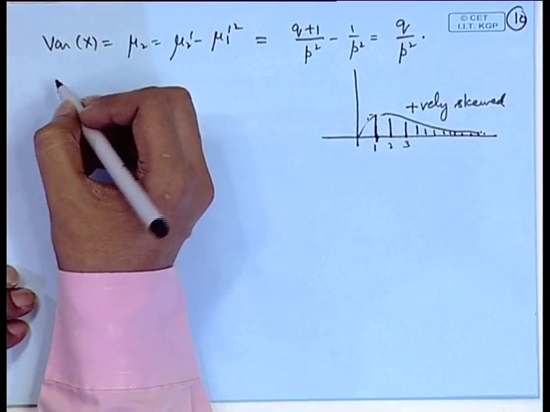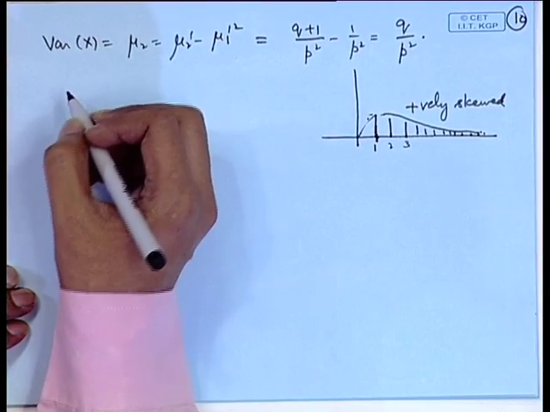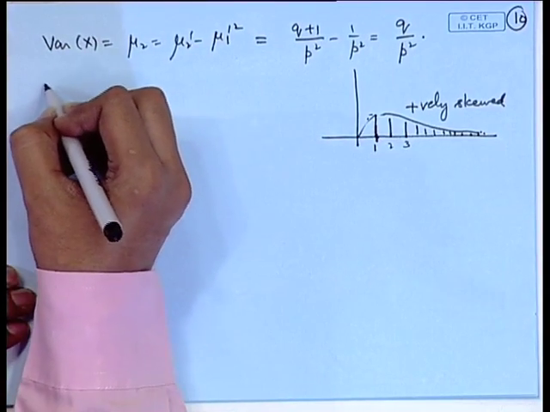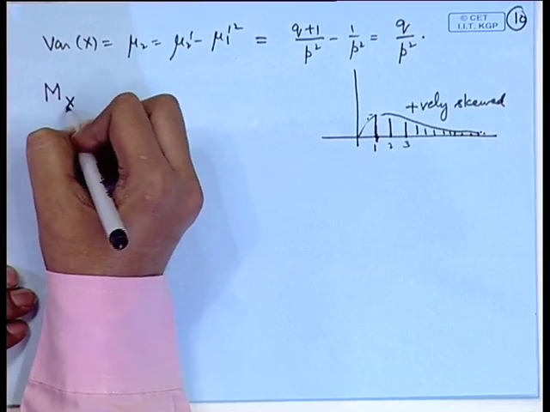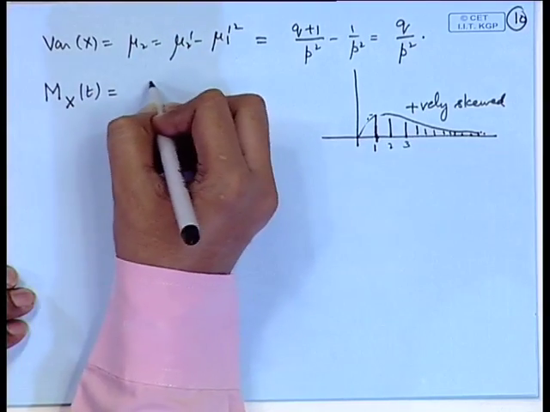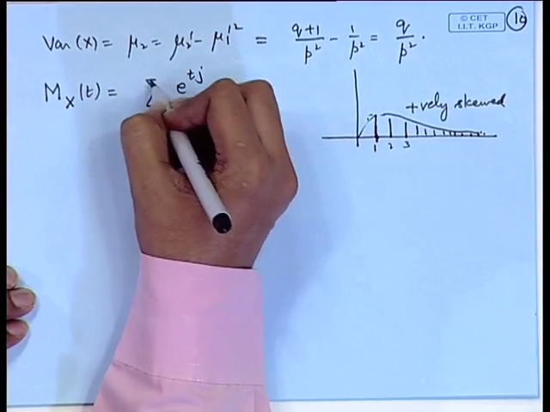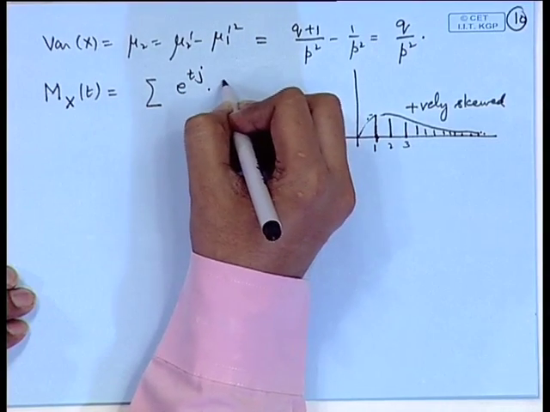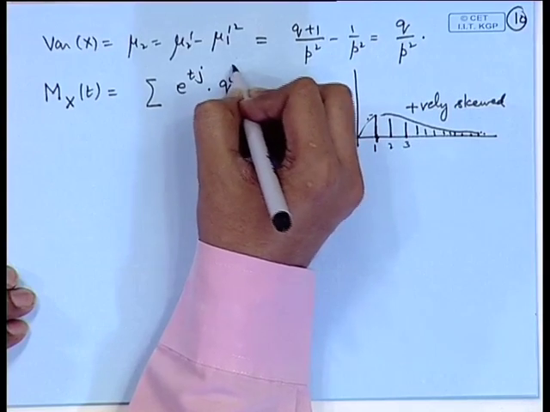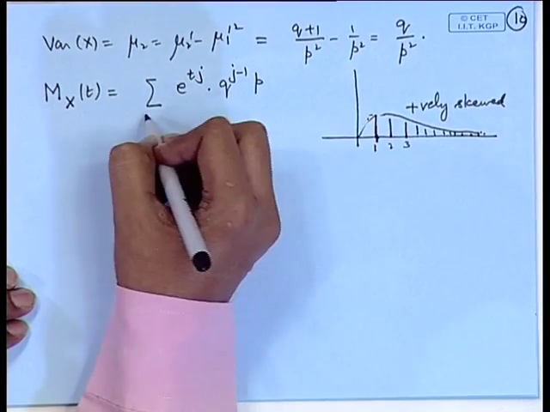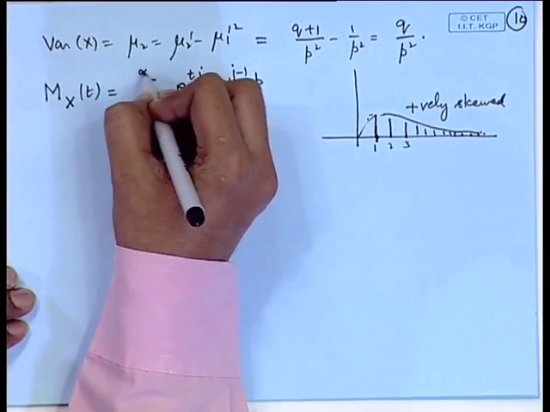We may also look at the moment generating function of this distribution. Expectation e to the power t x. So, it is sigma e to the power t j q to the power j minus 1 p, j is equal to 1 to infinity.